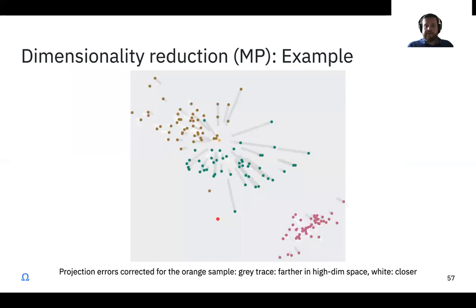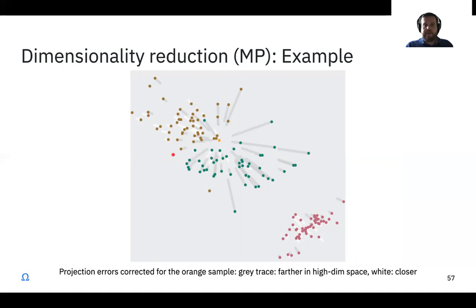And here we have another nice technique. We have projection errors corrected towards the high dimensional space for the orange sample. This is the selected sample, and we see that all of these that are highlighted in gray should be farther in high dimensional space. So they drift away from the selected sample, and the length of the trace indicates the strength of the drift. I think it's a very nice visual technique.